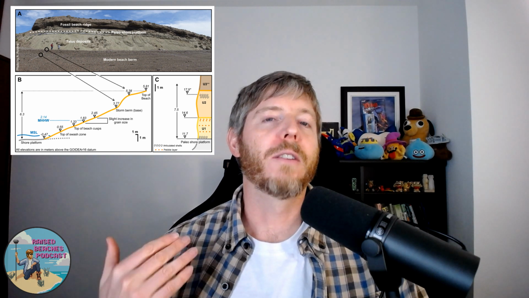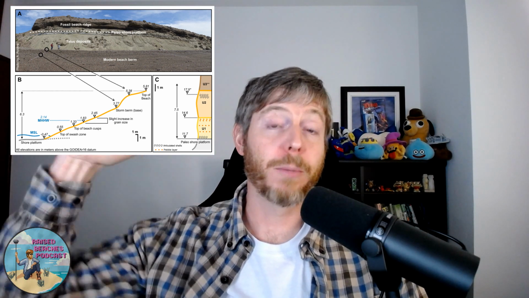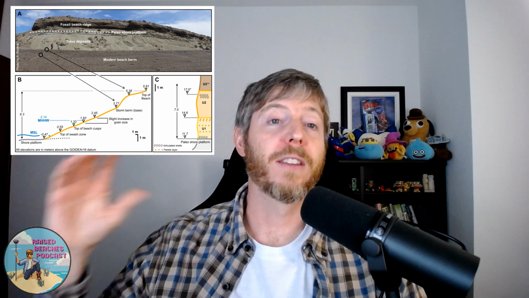And the purpose of this paper is to create a definition of how to define what sea level was for a beach ridge. So what is a beach ridge, of course? Basically, in a beach, you'll see a ridge along the coastline that's above the high tide mark, and this ridge is basically formed during storm waves.